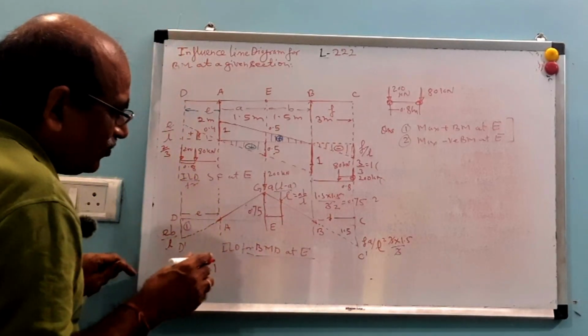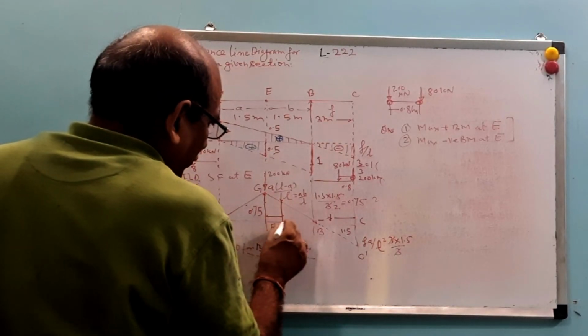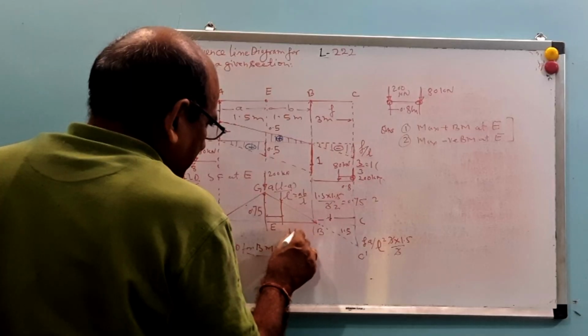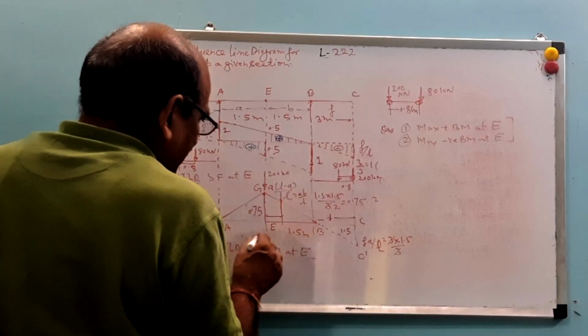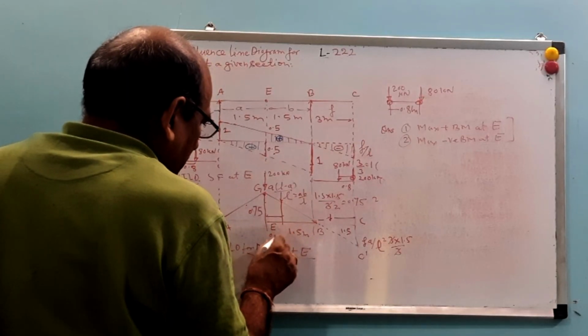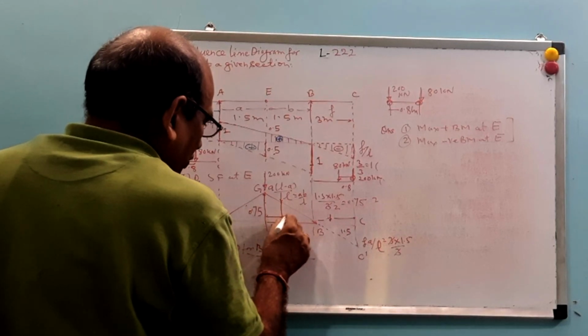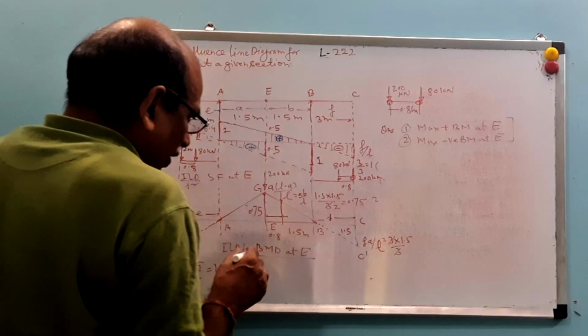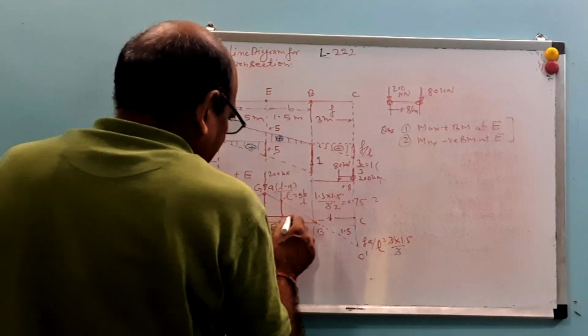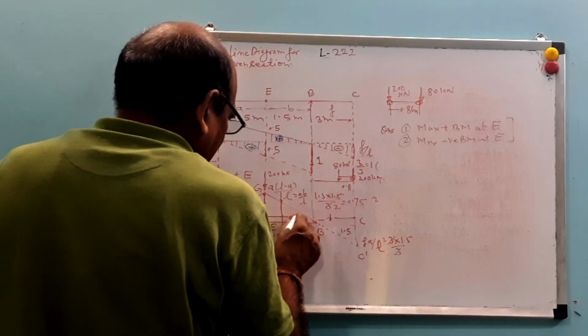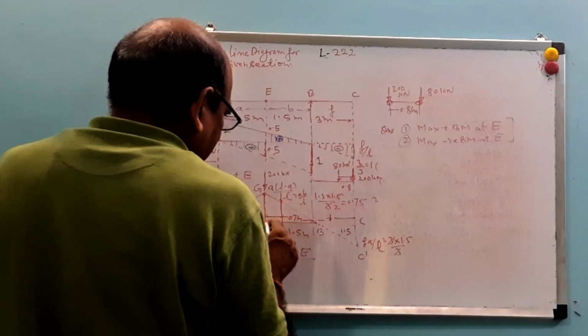This distance is how much? This is 1.5 meter, right? This is 0.8 meter. So this will be your 0.7 meter.